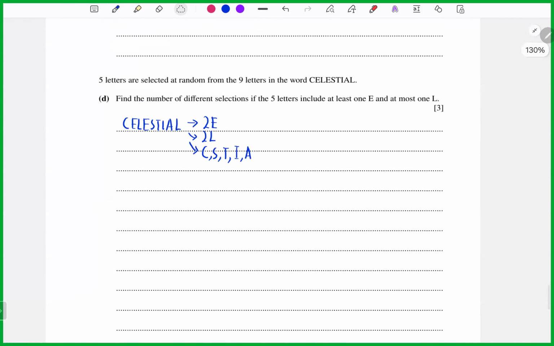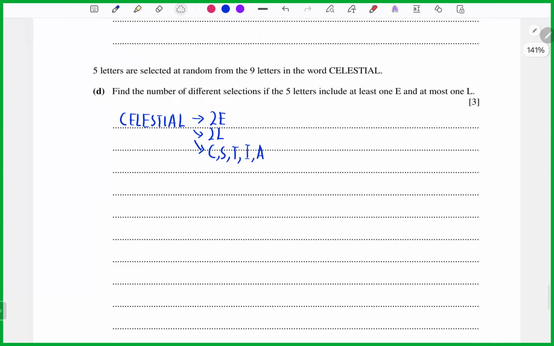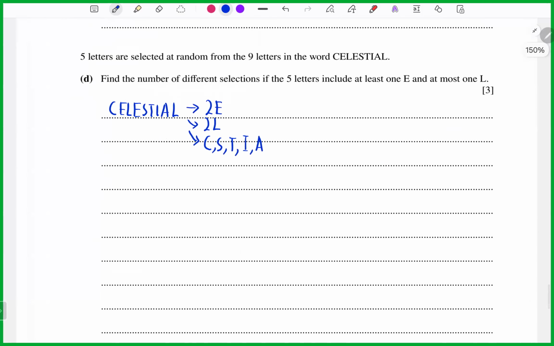Okay, now let's see. You have 2 E, 2 L, and C, S, T, I, A, right? Okay. So 5 letters. So, okay, we can consider 1 E, 1 L, and 3 other letters. 2 E, 1 L here.